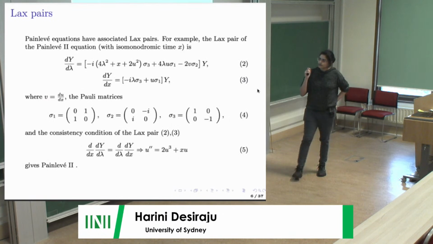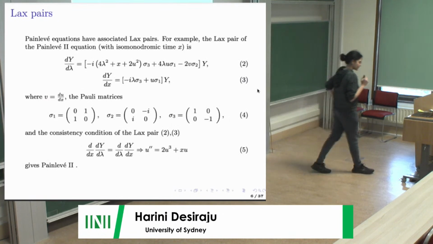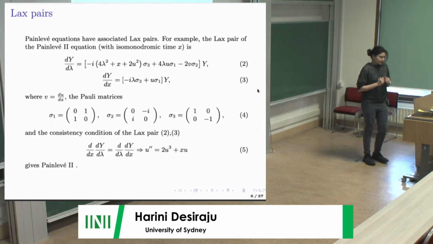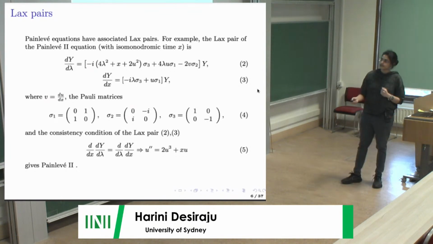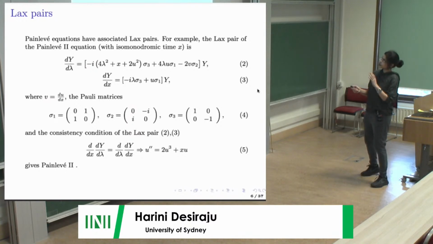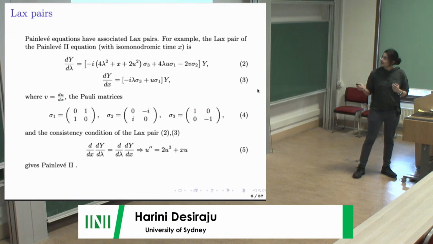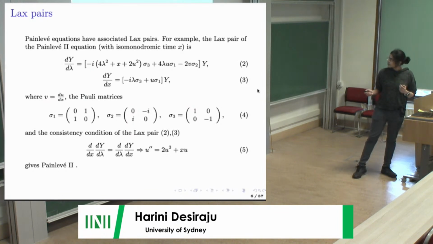Okay, so let me start with motivating the Lax matrices of Painlevé II. This equation, which is a second order scalar equation, can be written as a set of 2 differential equations that are linear but matrix valued. Sigma 1, sigma 2, sigma 3 are the Pauli matrices.